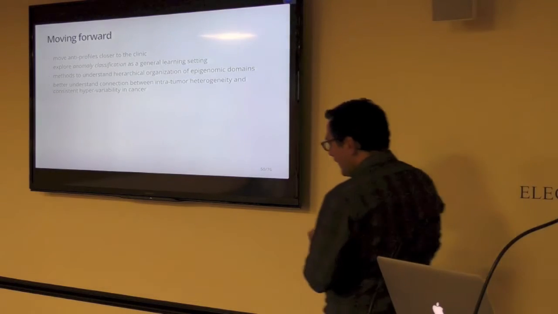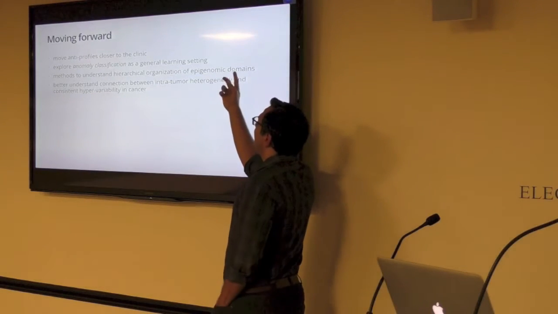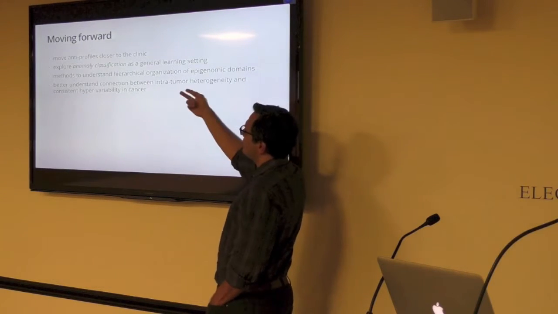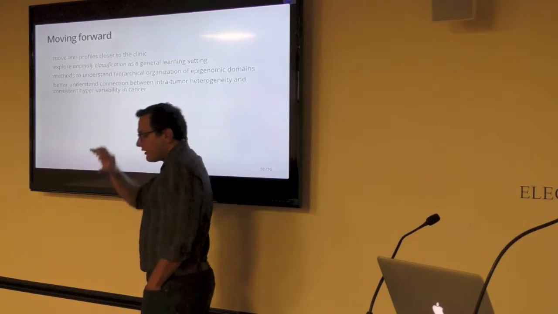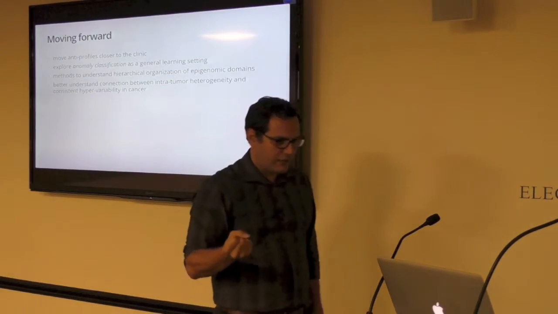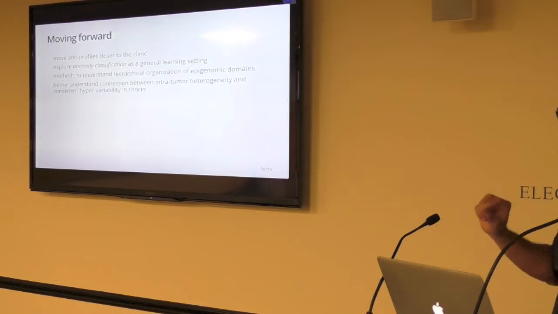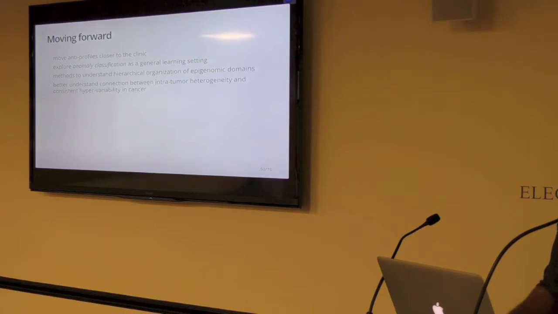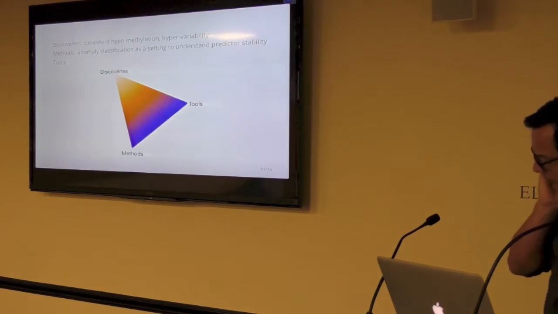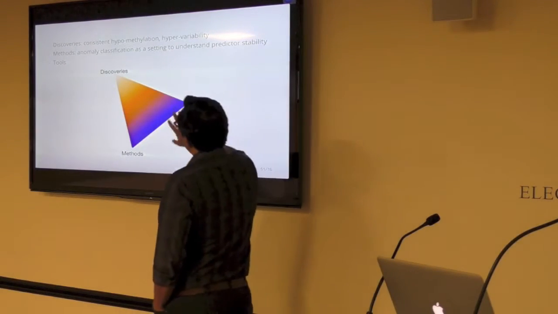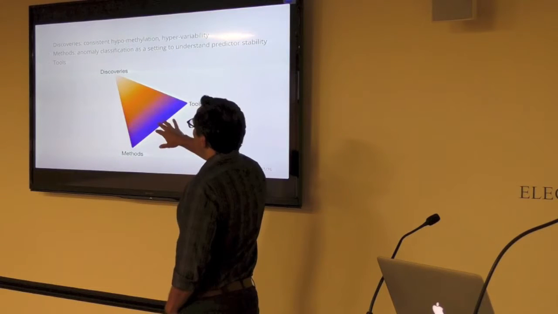And a complication in the analysis of epigenomics, as I've described it, is that there is a hierarchical organization to the genome. We'd like to develop methods to understand that, and as I mentioned, better understand this connection between intratumor heterogeneity and consistent hypervariability.